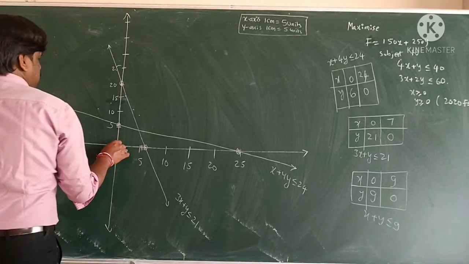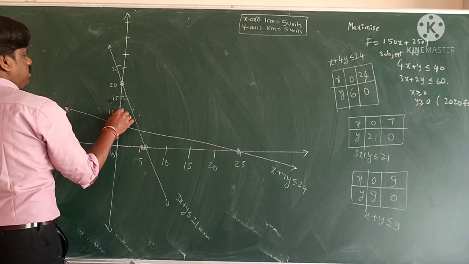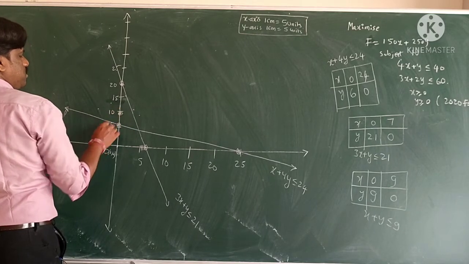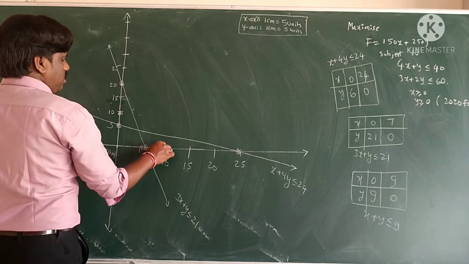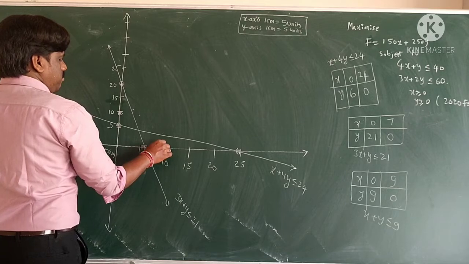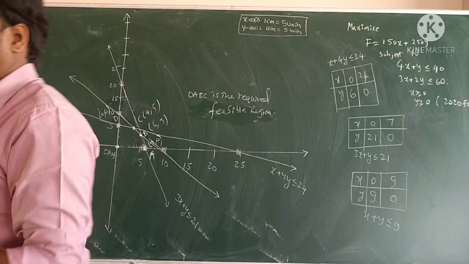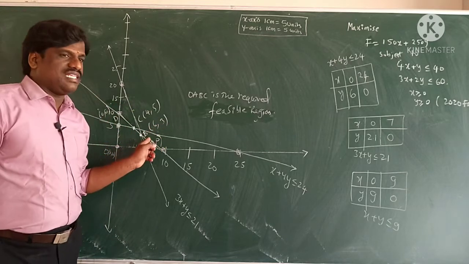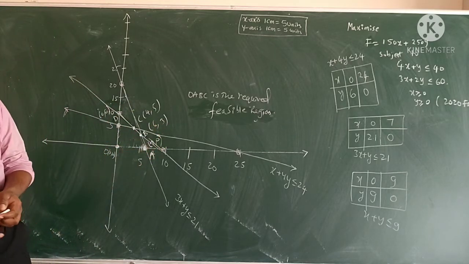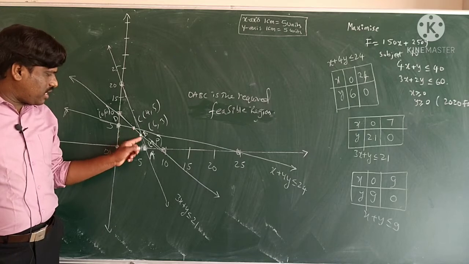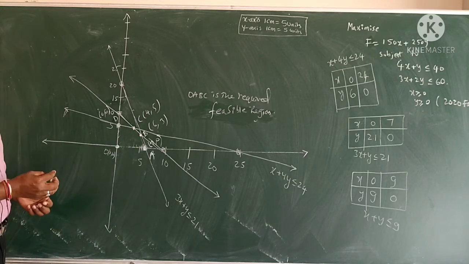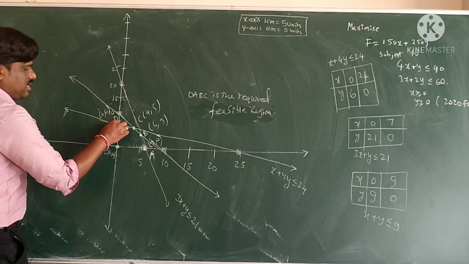If I keep x 0, y 9 means 10 number down. Y 0, x 9, here 10 number beside. So if I draw it, you draw in graph paper, the reason is the scale is not proper, that's why I said, in graph paper it will come like this. So it is here, look here.